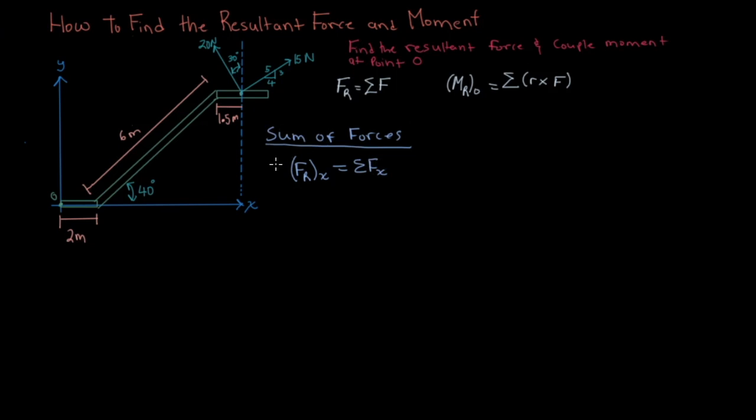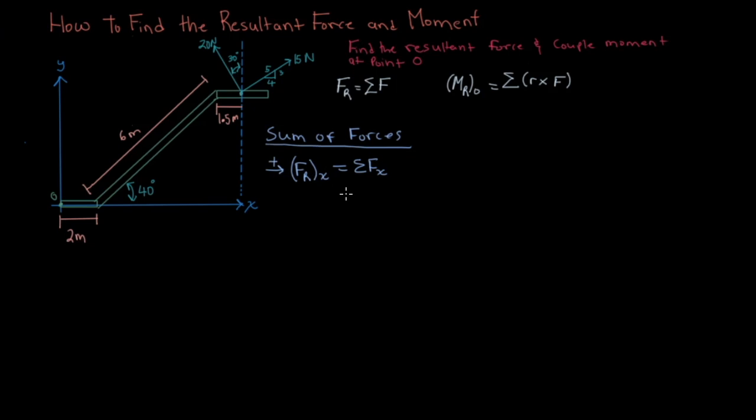Before any calculation, we always define which way is positive. We're going to define the positive x-axis as positive just for convenience. You can make any direction positive as long as you stay consistent in your calculations.